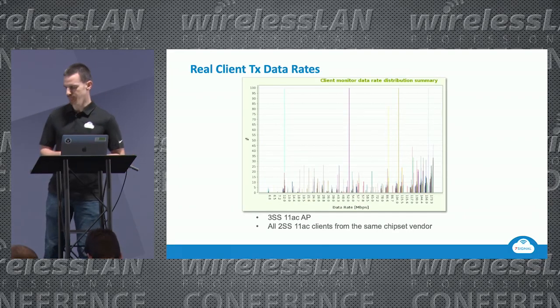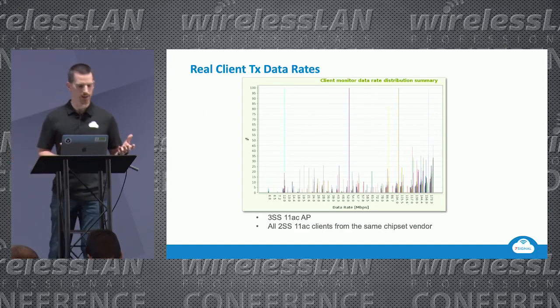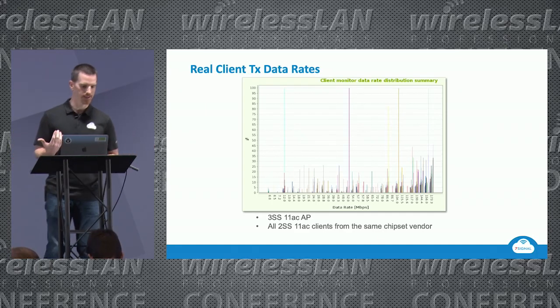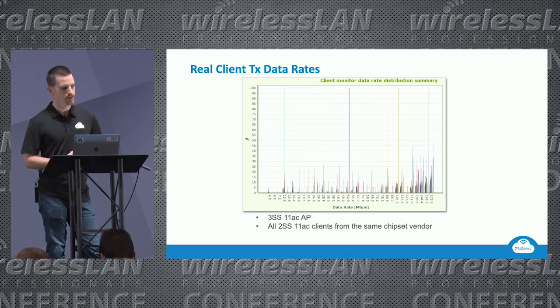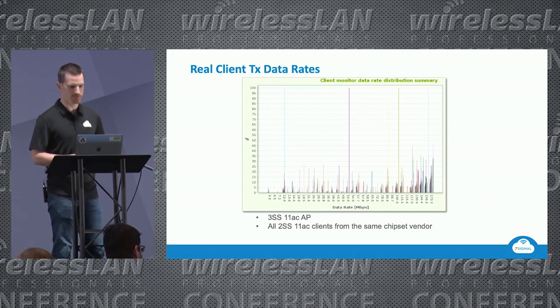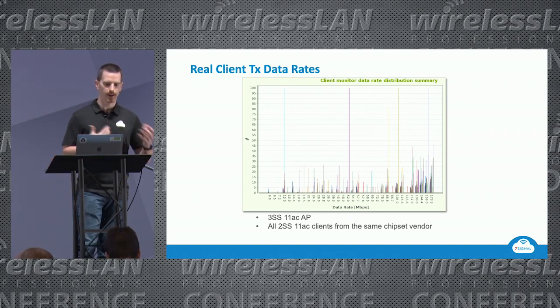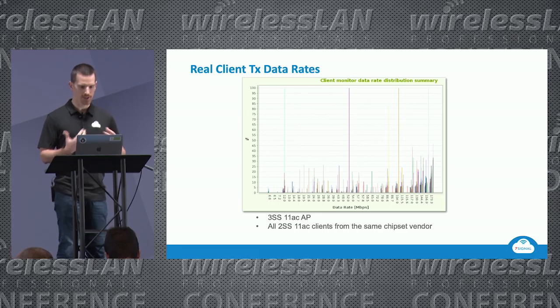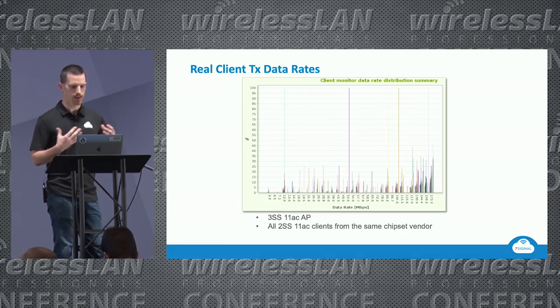We can look at the same data from real clients. So now we're looking at the data rates in one single cell from all 2-stream 11AC clients from the same chipset vendor. This is a high-density design, lots of SNR, designed to allow them to use high data rates all the time.